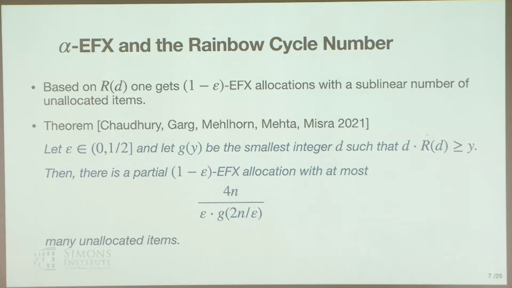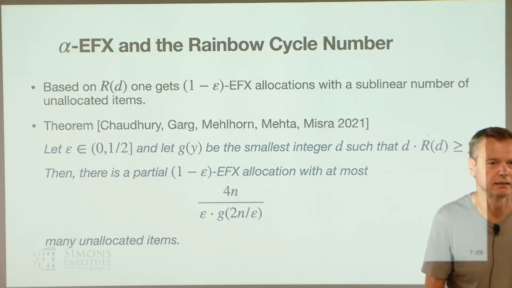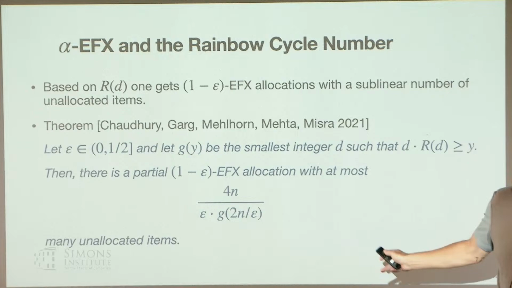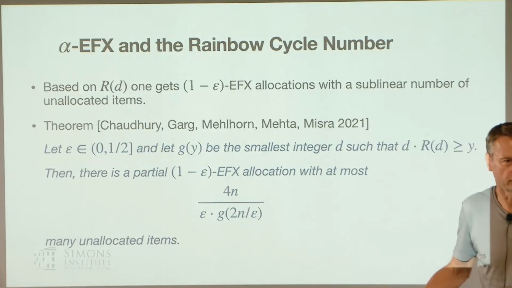So if you have small rainbow cycle numbers, then you get a small number of unallocated items. It guarantees. It guarantees, but there also exists an algorithmic version of this that you can also compute.